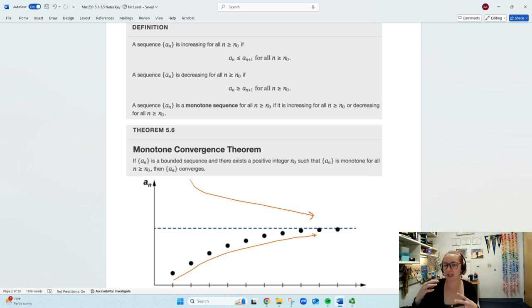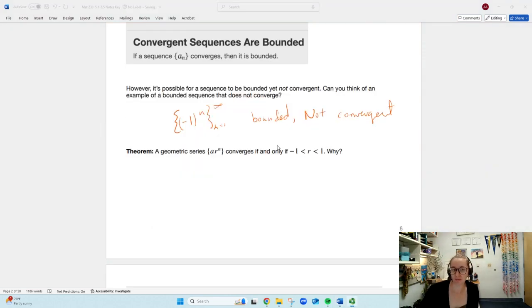It's not going to be that alternating sequence, so it's always going to converge. If a sequence converges, then it's forced to be bounded, but it's not necessarily true the other way, because this is bounded between -1 and 1, but it is not convergent. It's only when you get the bounded and the monotone, so either strictly increasing or strictly decreasing, that you can actually show convergence.